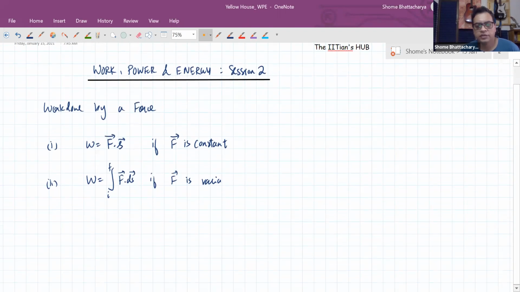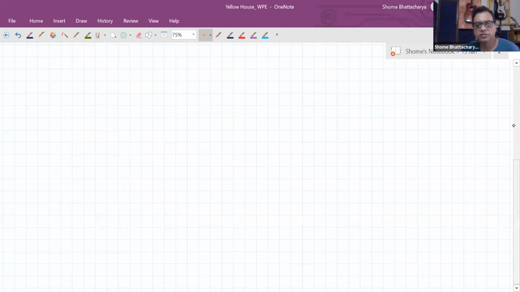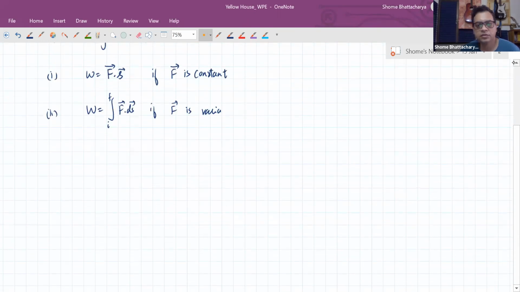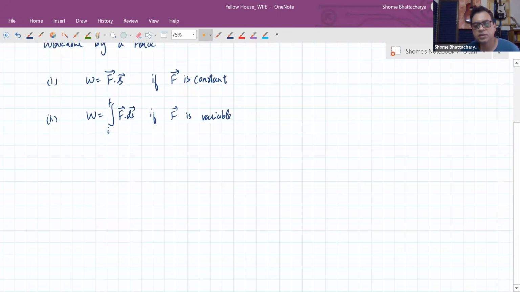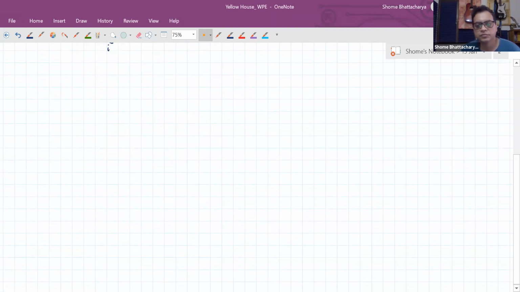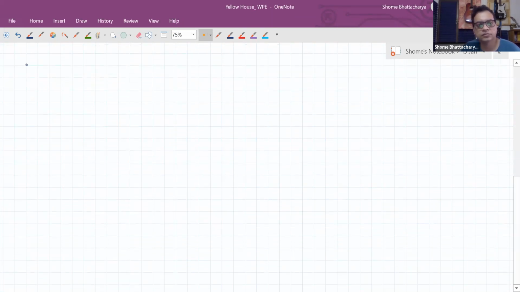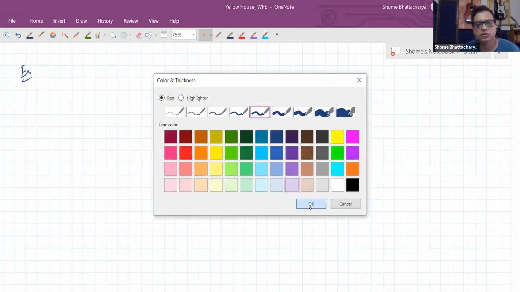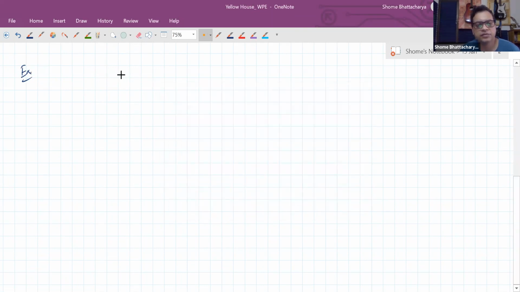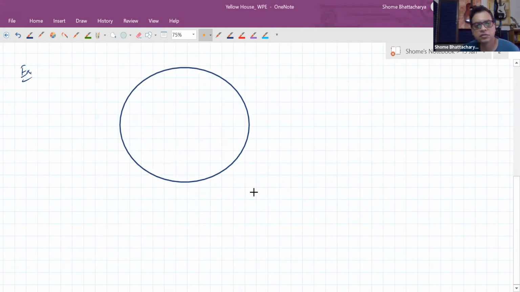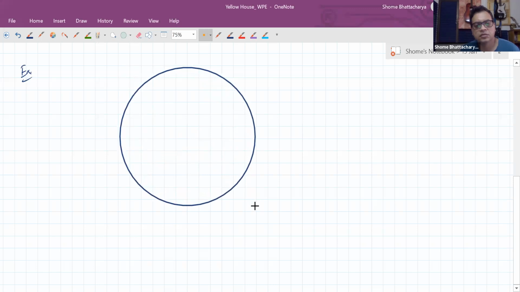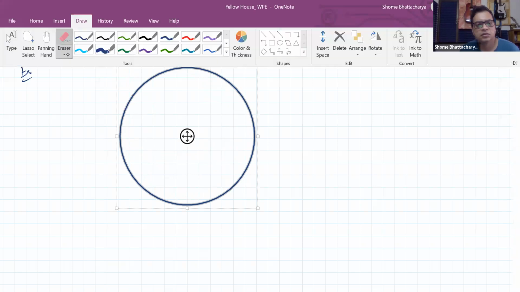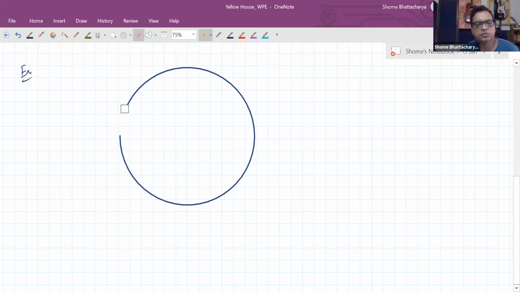So let us look at an interesting example of that today. In this example, what's happening is that we have a hemispherical surface, which is going to be smooth.